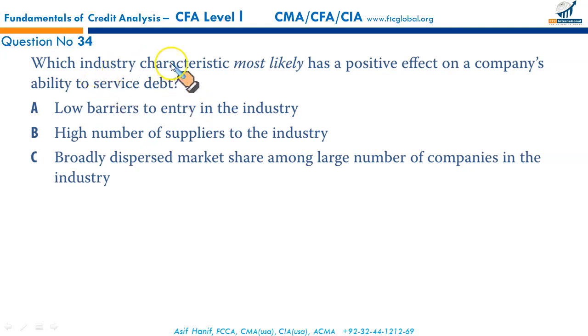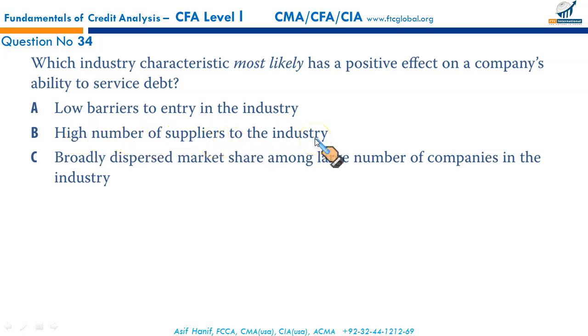Which industry characteristic most likely has a positive effect on companies' ability to service debt? Low barriers to entry in the industry, which means any newcomer can enter and share the loot. Not good for the company, not a positive sign for the company's ability to service debt. B. Higher number of suppliers in the industry.